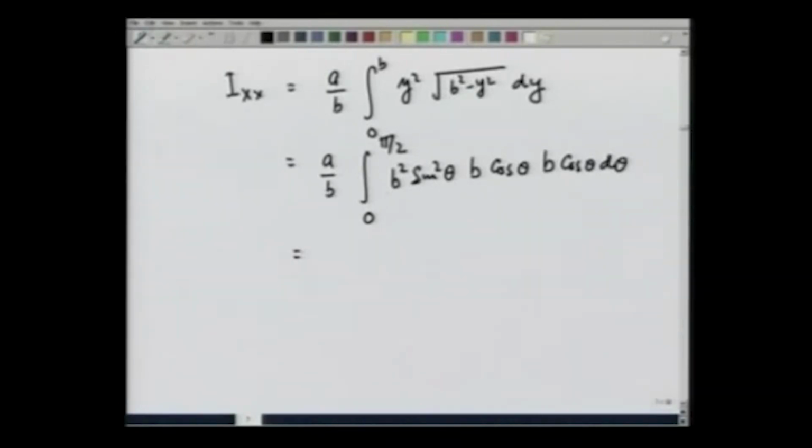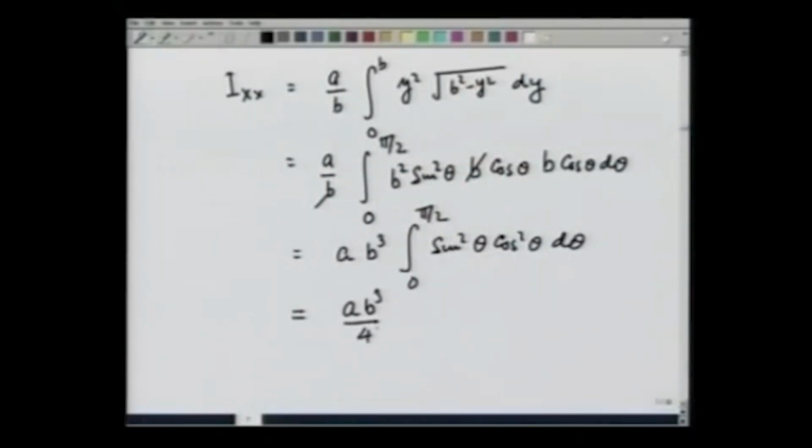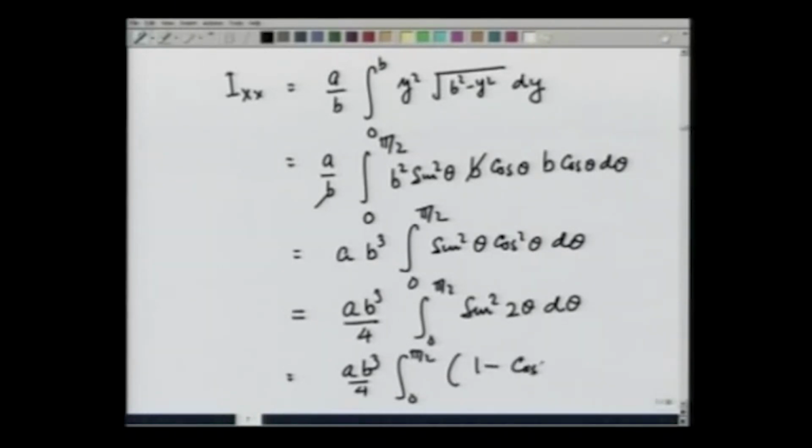This b cancels and I get a b cubed integral of sine squared theta cosine squared theta d theta from 0 to pi by 2. This can be written as a b cubed divided by 4, integral from 0 to pi by 2 of sine squared 2 theta d theta, which is a b cubed over 4 integral from 0 to pi by 2 of (1 minus cosine 2 theta) over 2 d theta.